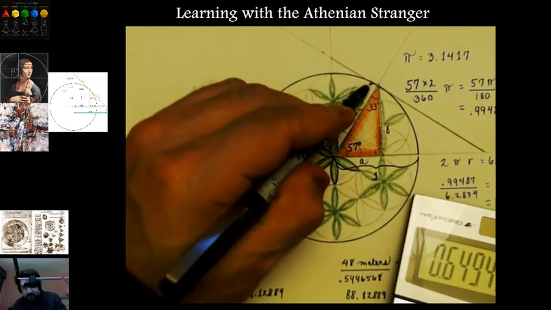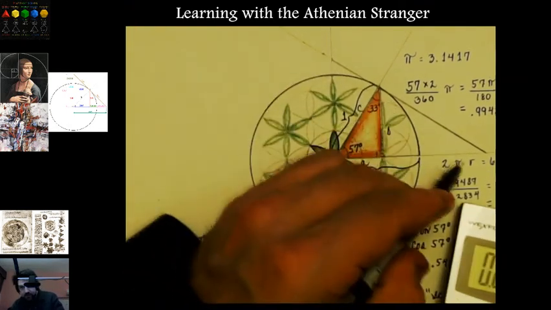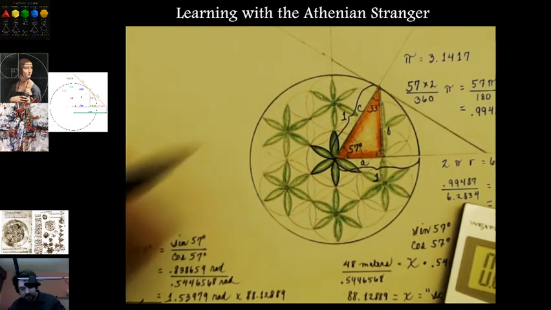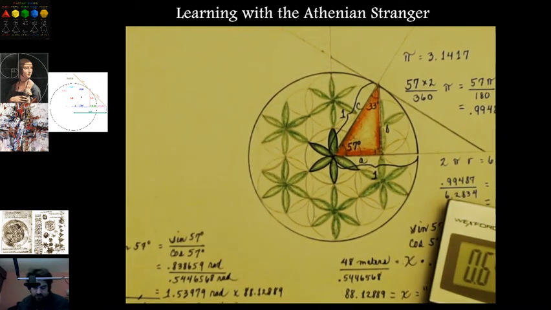That's this distance right here. This whole distance right here in radians was 1.53979. This distance right here is 0.64392 radians.